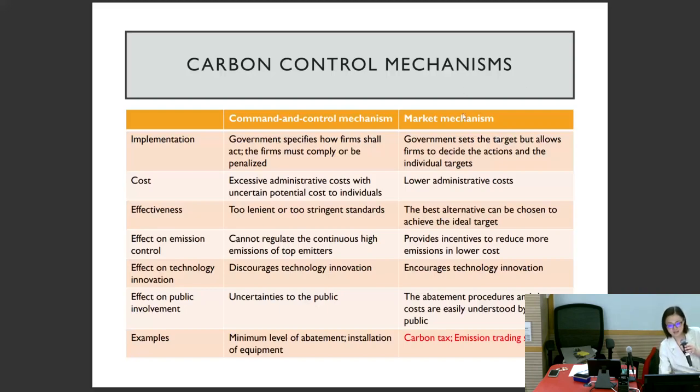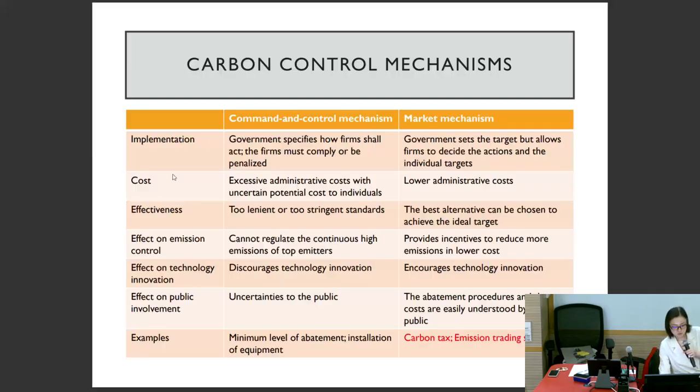So the market mechanism is always about financial incentive, because from previous experience, people will reduce their emissions very often when there are financial benefits. Otherwise they will just continue as usual.